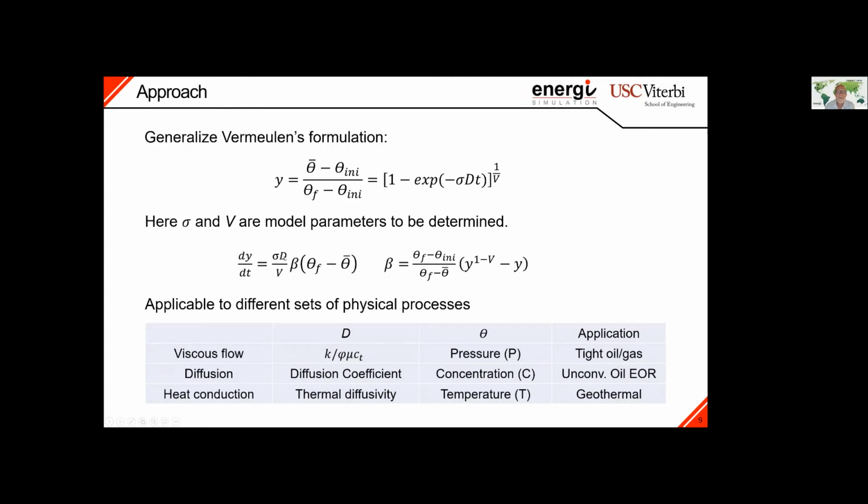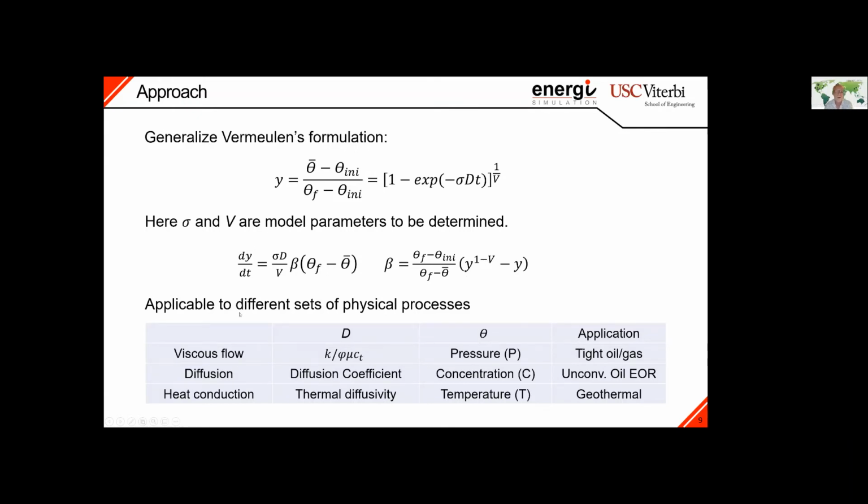Beta is defined over here, and then our usual driving force between fracture and matrix. Okay? Beta here is a correction that we get because we want to recover the functional form that we're all comfortable with, and we get that as a function of the fracture pressure, initial pressure, and the current status of affairs inside the matrix, plus our model parameter v.